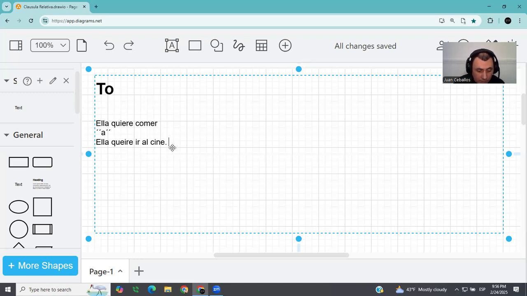Now, remember that if you're a student, you may know this already. If you're not, al is a contraction in Spanish. Okay, so al is a combination of the preposition a plus the definite masculine article, singular el. So a el, we don't say a el in Spanish. Instead of a el, we say al in both writing and conversation.